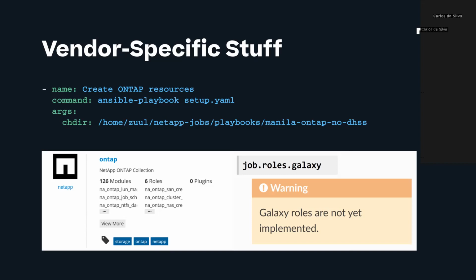Zuul is already running Ansible to run all the jobs. It's running playbooks and roles. And we're going to use an Ansible task that's going to install Ansible inside the test node and run Ansible inside the test node. So it's Ansible running Ansible, thus nested Ansible.